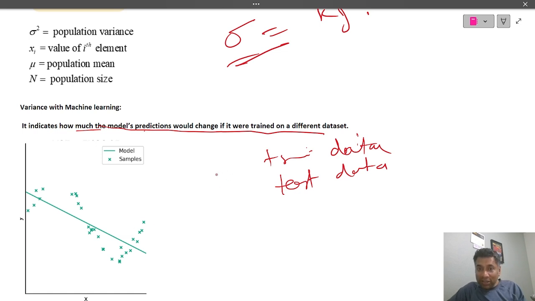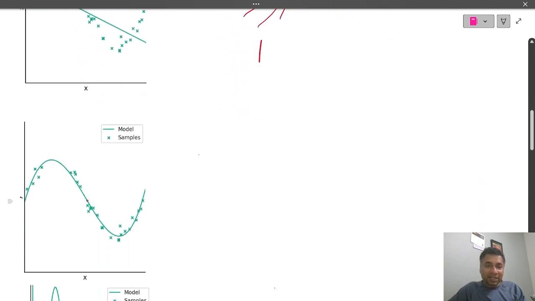Let's say the model was trained on this training data. How would it predict on the test data? That change will let us know about the variance. We'll come to this first graph later. Let's see the second graph actually.